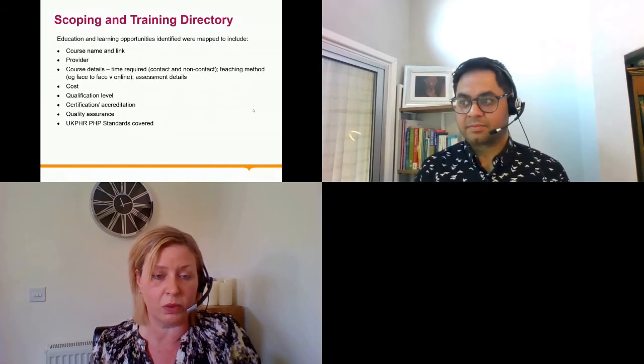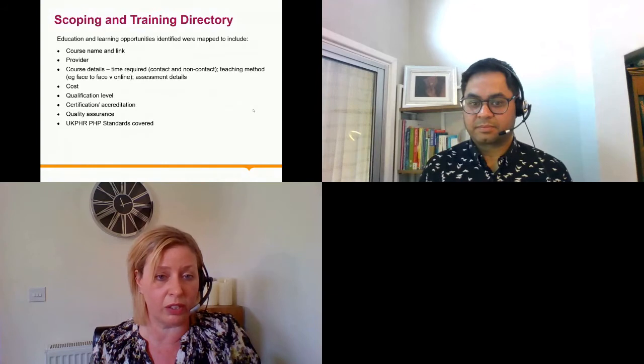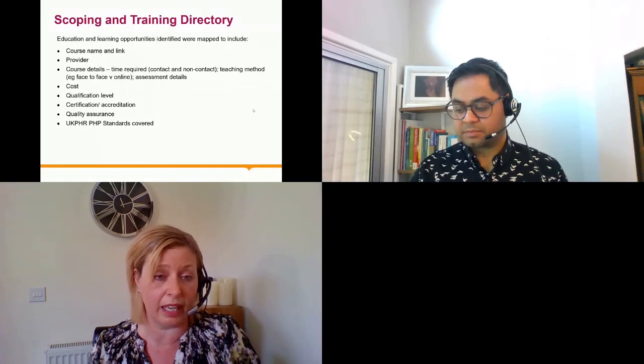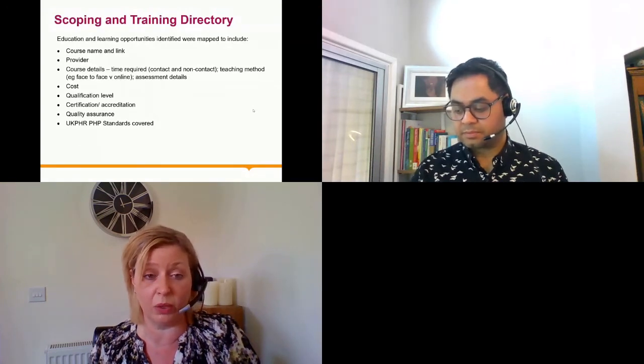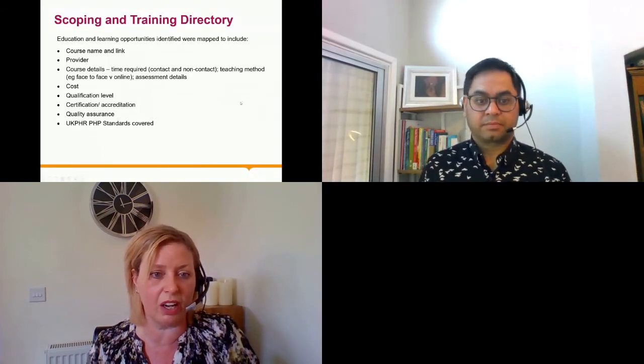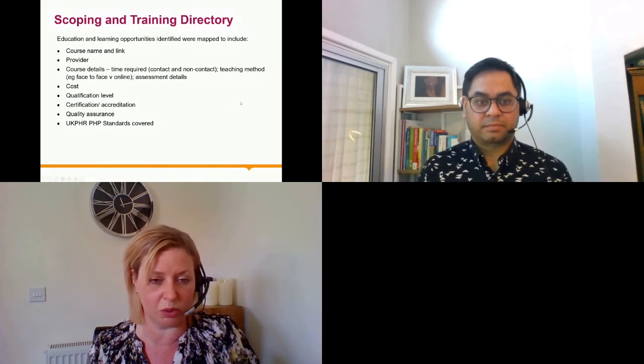So as I mentioned before, for the scoping and training directory, obviously we needed a course name and a link, so that the directory delivers on that. Also the course provider, course details, again, face-to-face, online, any assessments that are required, etc. And then cost, or if there is a cost. And what I would say is the majority of the courses that are available through that directory are quite low cost or minimum cost or no cost at all.